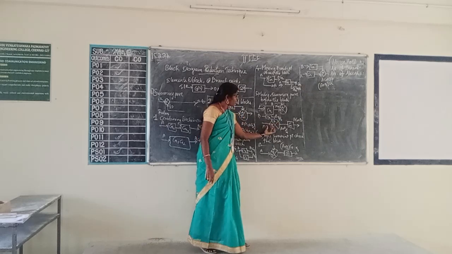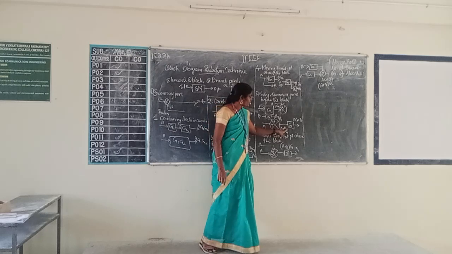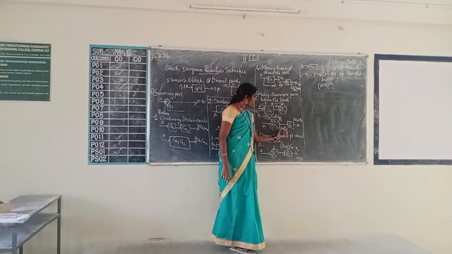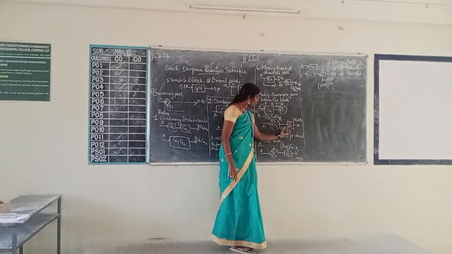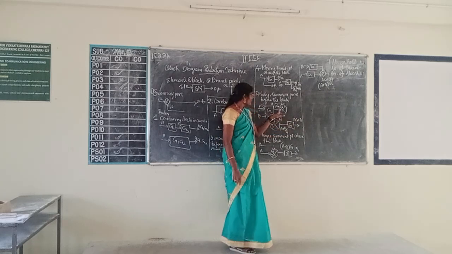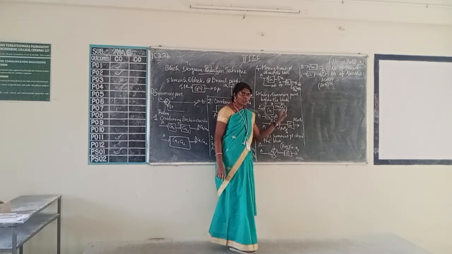Here I am giving input A. Both are added: A plus B by G. Now again I am multiplying by G. So what happens? AG plus B by G times G gives AG plus B. Here also the output is AG plus B. So both are the same, right?